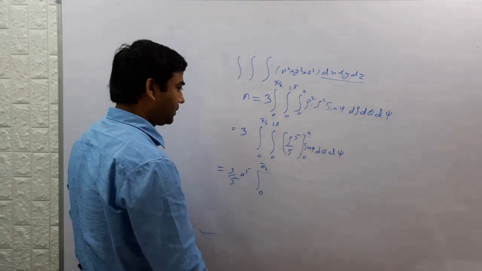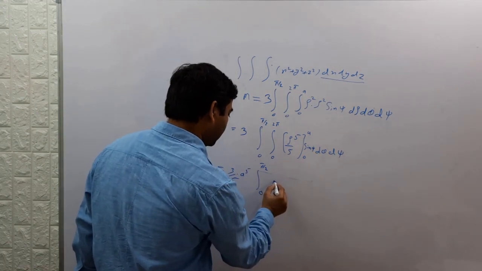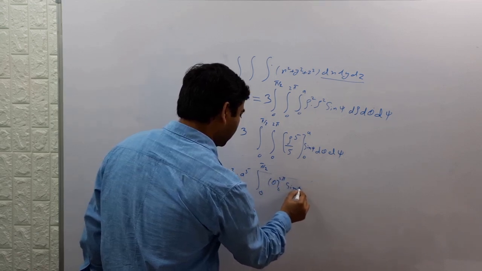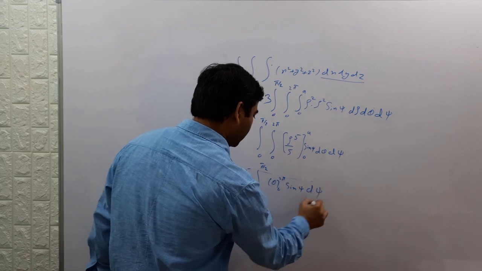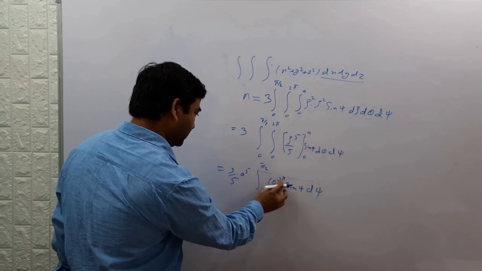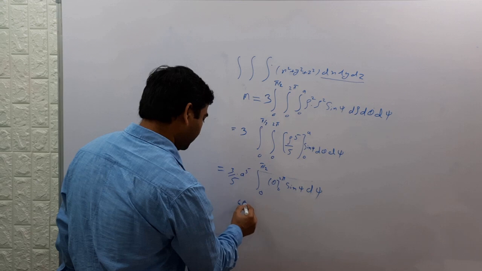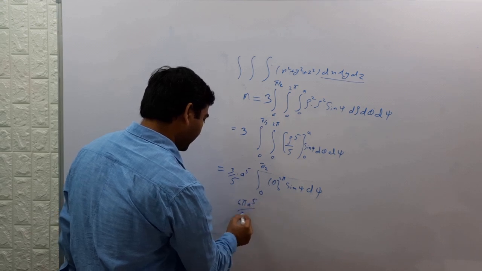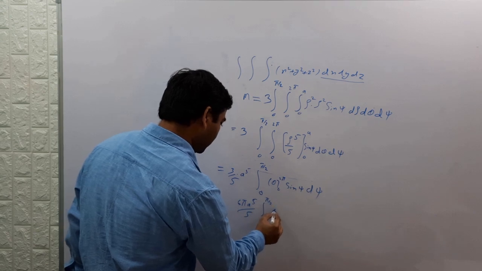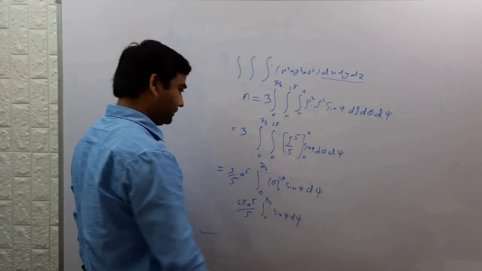Sin psi with respect to theta, that is theta 0 to 2 pi, sin psi d psi. So this 2 pi will come outside. So this is 6 pi a power 5 by 5 integration 0 to pi by 2 sin psi d psi.